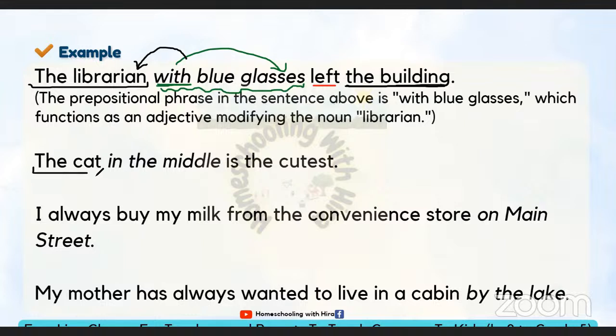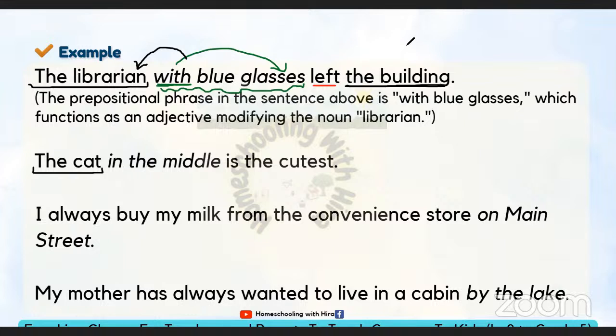Mark the noun phrase. This is called parsing, right? With kiddos, we start simple, one by one letter, one by one word. But here, because we are at phrases, I'm just marking the whole phrases with color. The cat is the noun phrase. In the middle.